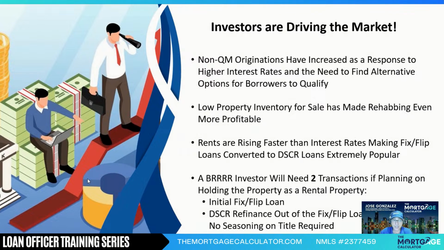And as I mentioned, a BRRRR investor will need two transactions if planning on holding the property as a rental property. They're going to use the initial fix and flip loan to purchase and rehab the property, and then they're going to refinance out of that fix and flip loan, usually with a DSCR loan, because the DSCR loan has limited or no seasoning on title required.